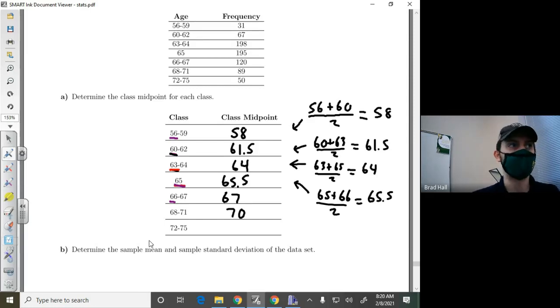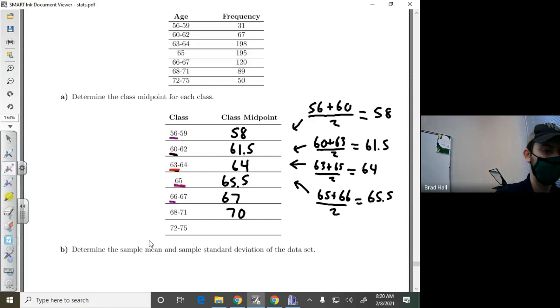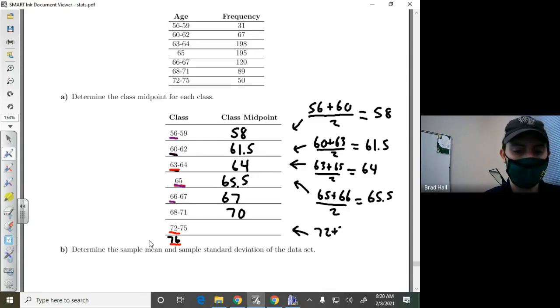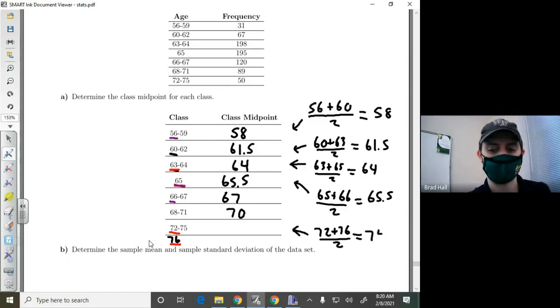And then the final one that we obtain would be the average between the lower class limits of 72 and whatever number would naturally come next if this list were to continue. So it goes from 72 to 75, so naturally 76. I believe that's 74.